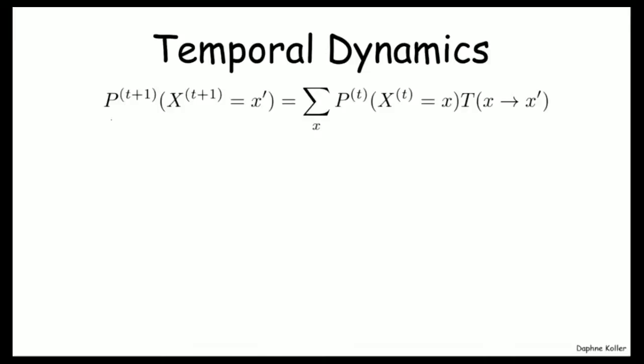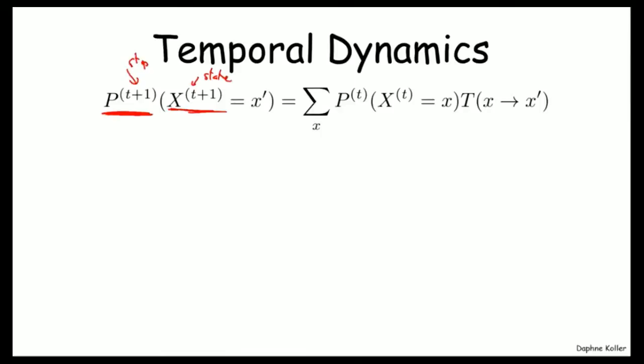We can ask what is the probability that at step t+1, the state at time t+1 is equal to some value x prime? Now we can get that by a recurrence relationship that looks at the state at time t.